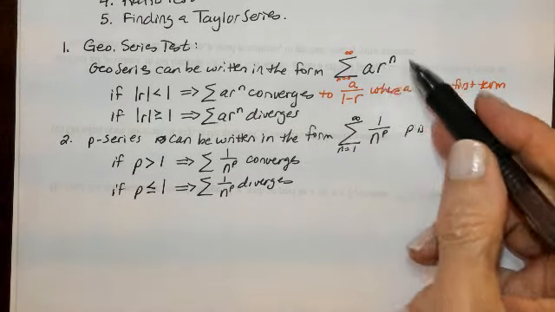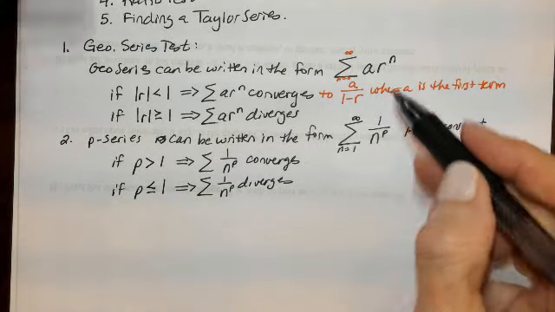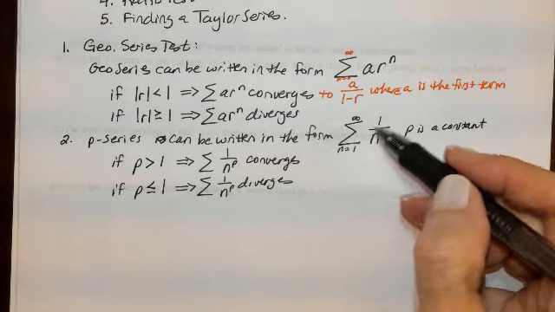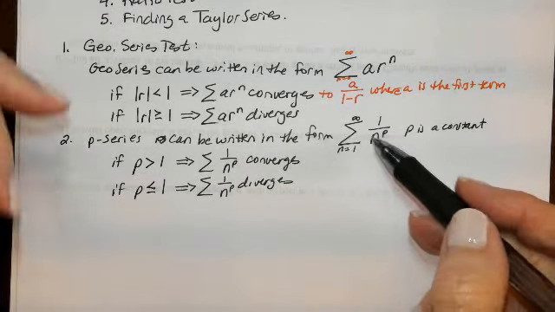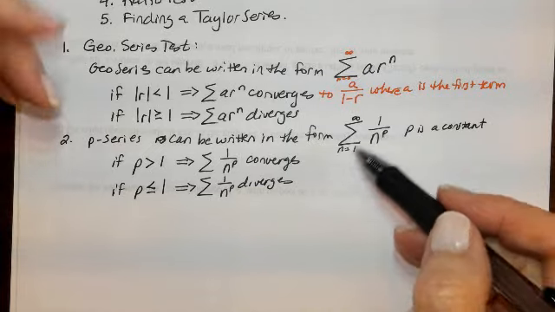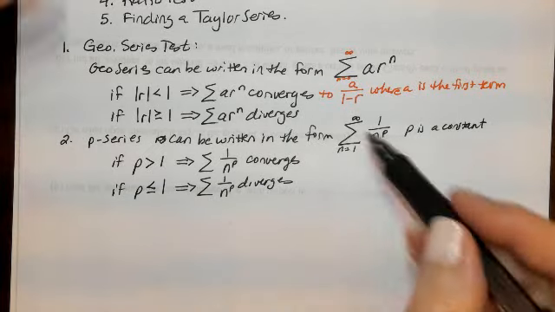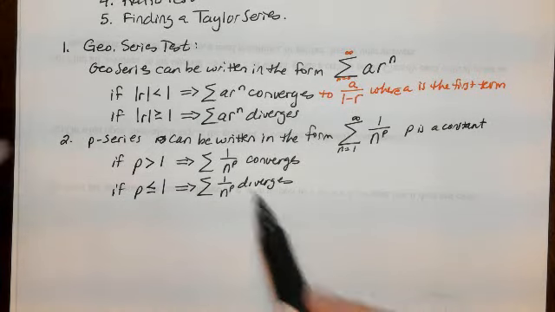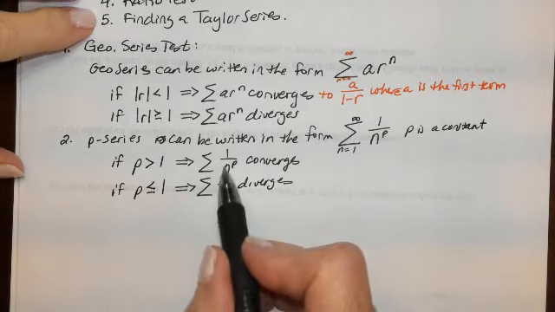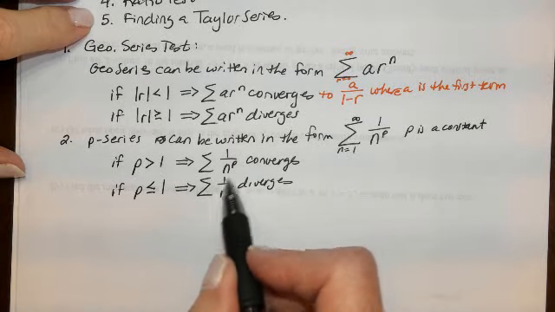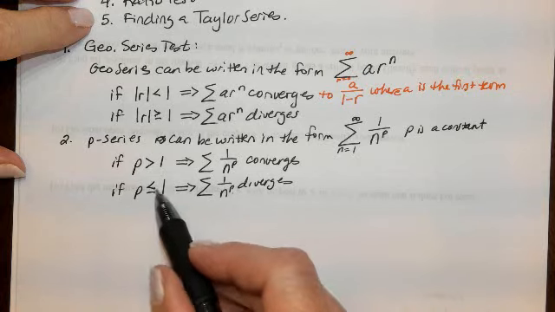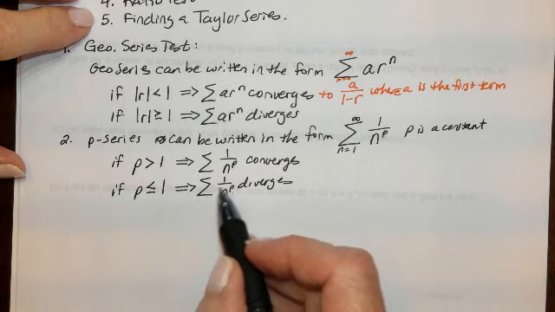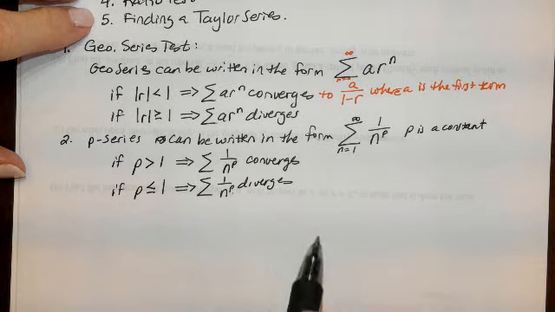R is a number, right? Here, P will make the denominator bigger or smaller, so large or small in relation to 1 over n. Anyway, so it kind of makes sense there. The bigger the denominator, the more likely it is to converge, right? Whereas if you have a smaller denominator, more likely it is to diverge.